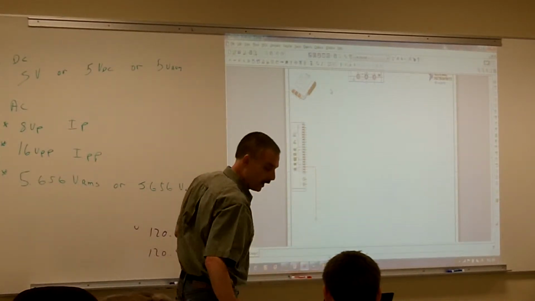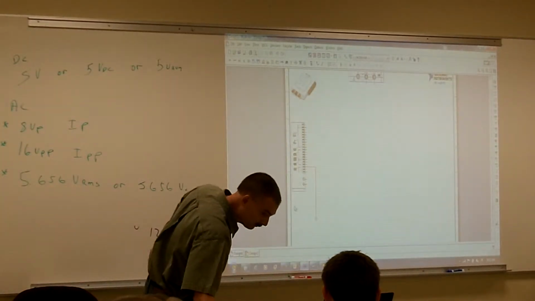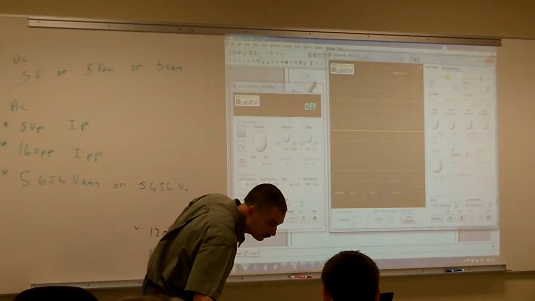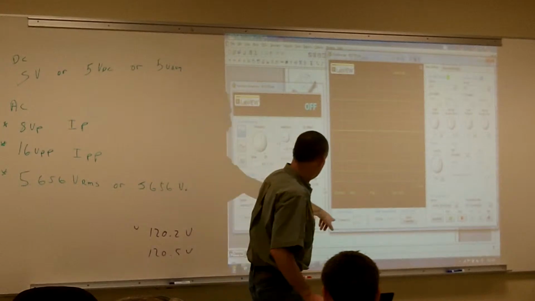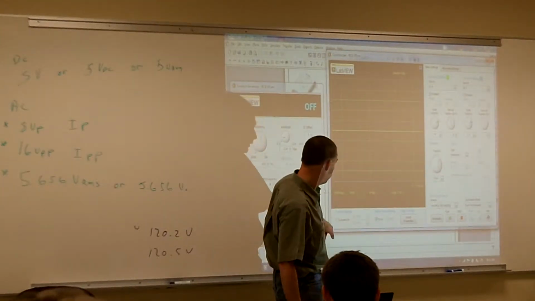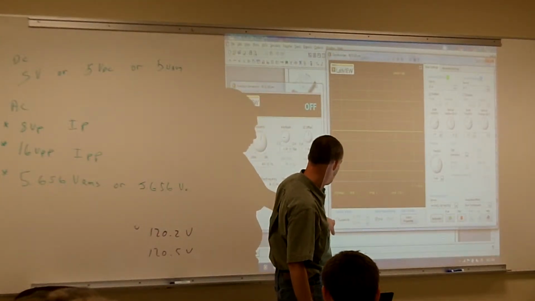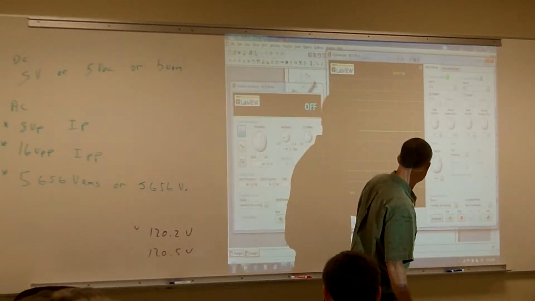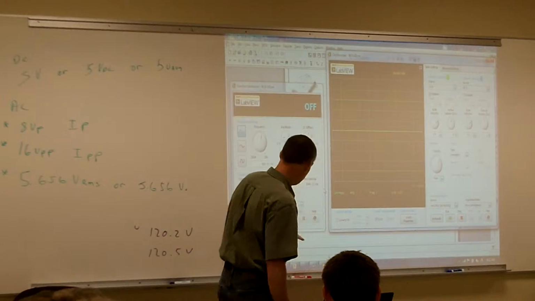And then what's kind of cool about it is that you can actually go into your oscilloscope, and let's see, where is that, here? Let's see it off the top of my head here.